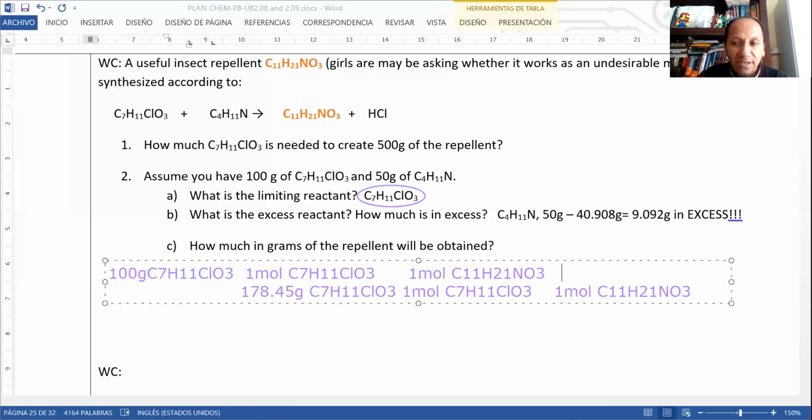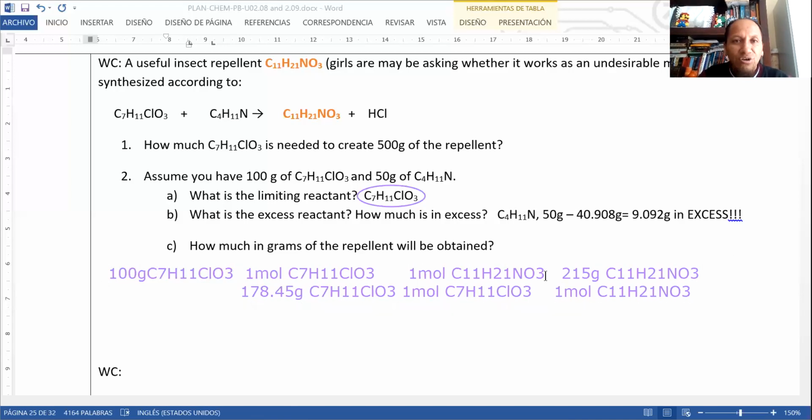If you got it, it says 215 grams of the repellent, C11H21NO3. So you close all of those conversion factors, you do the conversion, and you cancel grams with grams, moles with moles. Make sure those are the same units.